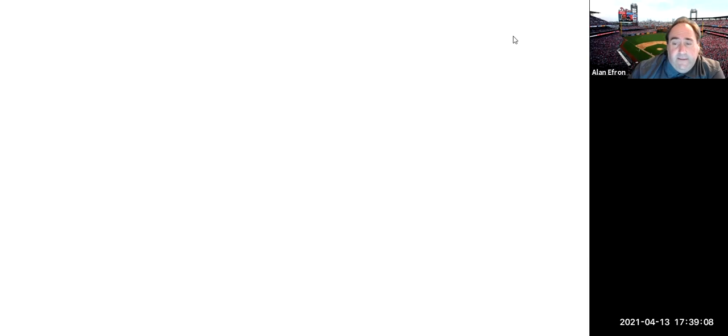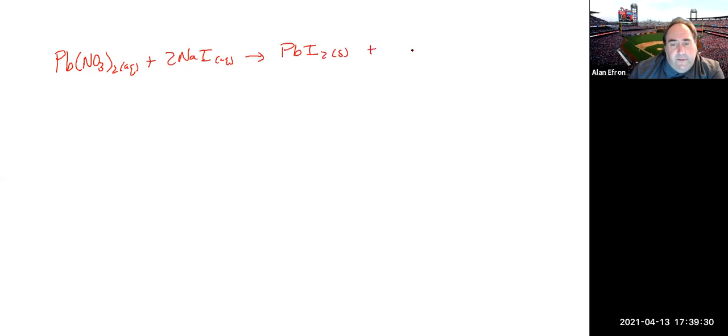So if we take something, I think this was the one we looked at at the end last time, some lead II nitrate plus some sodium iodide makes our lead II iodide, which is a solid, and our 2 sodium nitrates here.